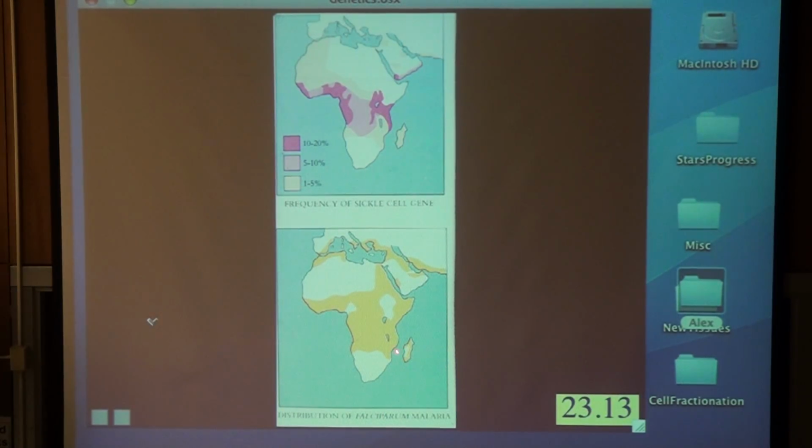This right here shows a map of where malaria is most endemic as a disease. And here's where they find the highest incidence of the sickle cell allele. And it almost maps exactly where you find the malaria.